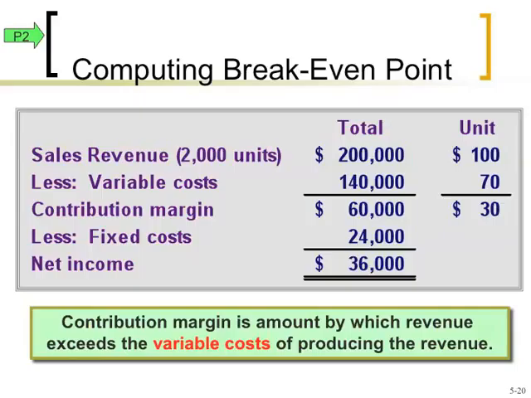We then look at our fixed costs, and we have our net income in this example of $36,000. And our question then is, we're obviously profitable. We made $36,000, but what was our fixed cost? What was our break-even point?